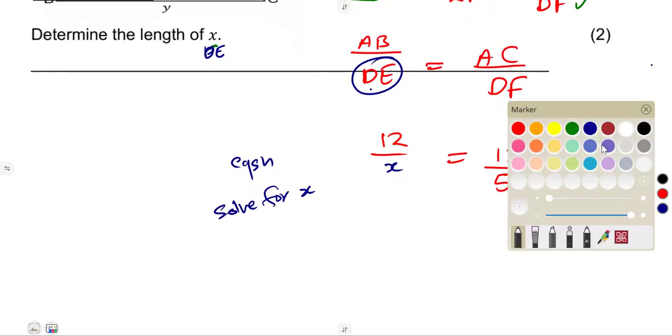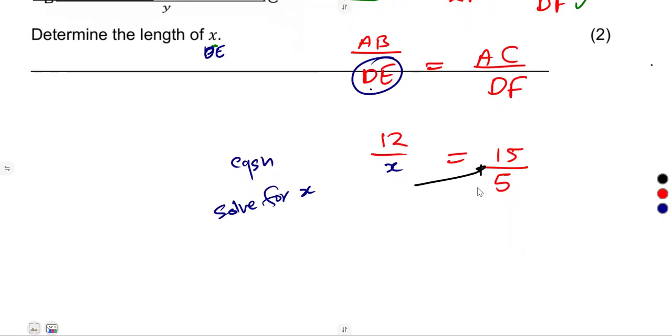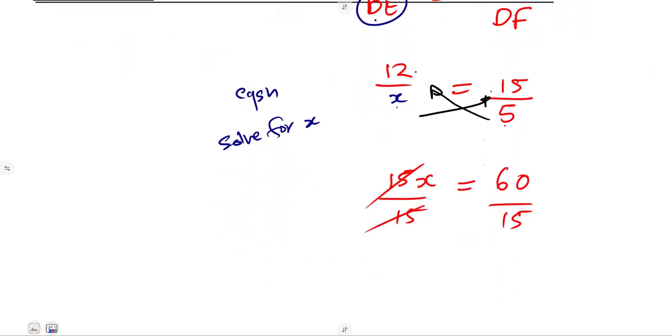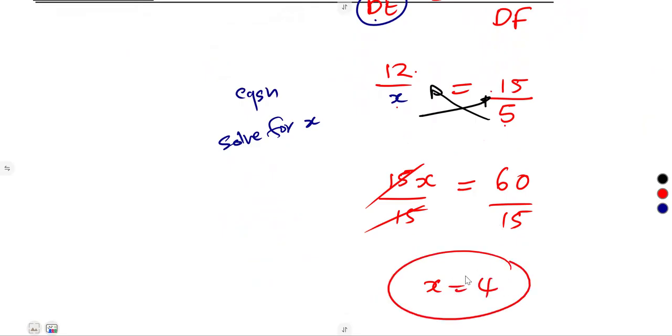It's an equation, guys. So let's cross multiply since we've got a fraction and another fraction. Cross multiplying this, X times 15, that's 15x equal to 12 times 5, which is 60 there. Then 60 divided by 15, our X is going to be 60 divided by 15, which is 4, just like that.